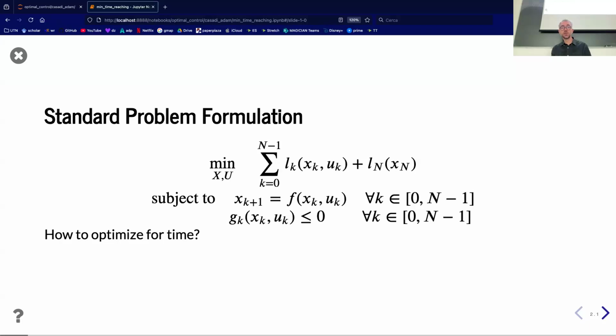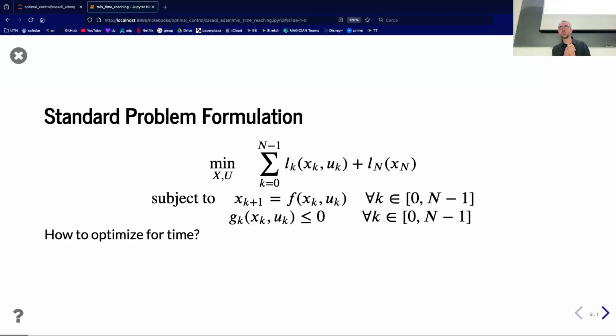Because the cost function needs to be a function of the state and the control. The horizon is fixed, is given by the number of time steps, capital N, and the duration of the time step, dt, which are fixed. They are not optimized. And so it's pretty hard to say, well, how do I achieve a trajectory in minimum time?